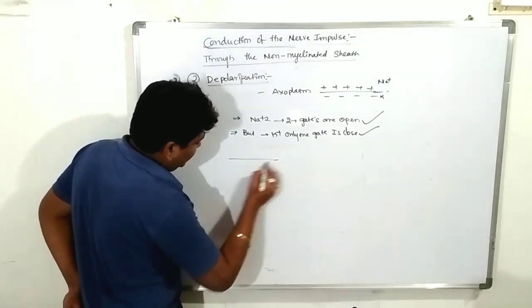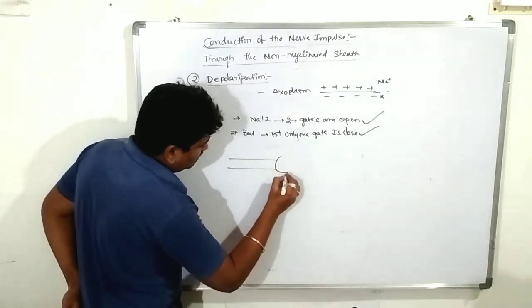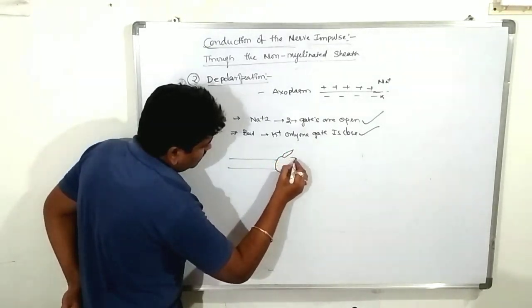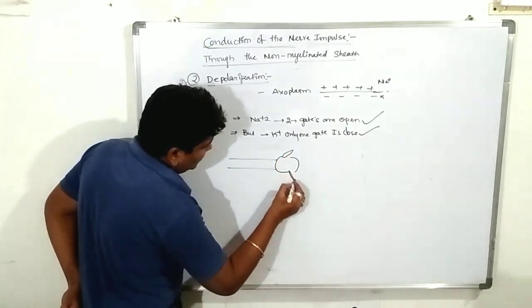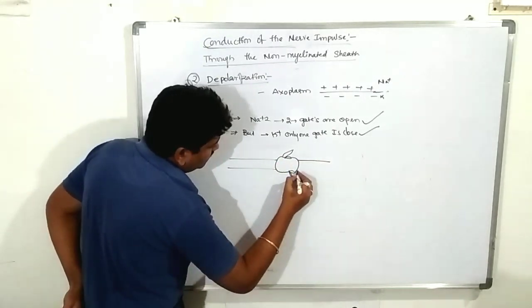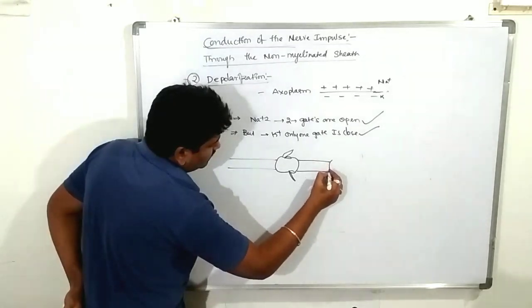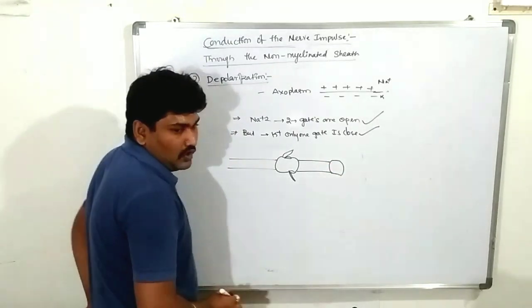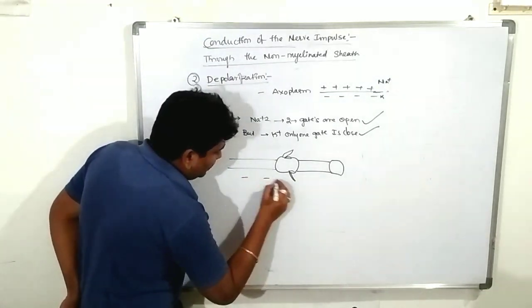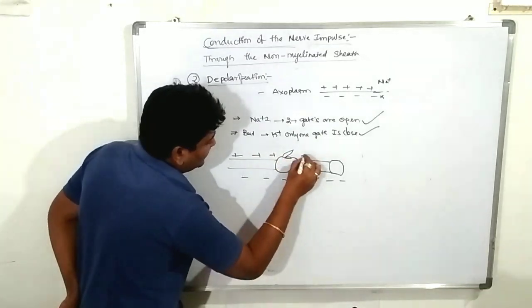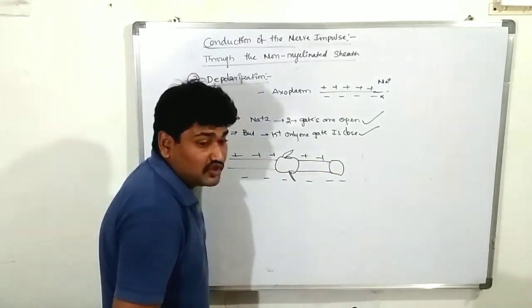So let's see. Yes, the sodium channels are open, and the potassium channel is closed. The axoplasm region contains more negative charges, and the surface of the axolemma contains more sodium.